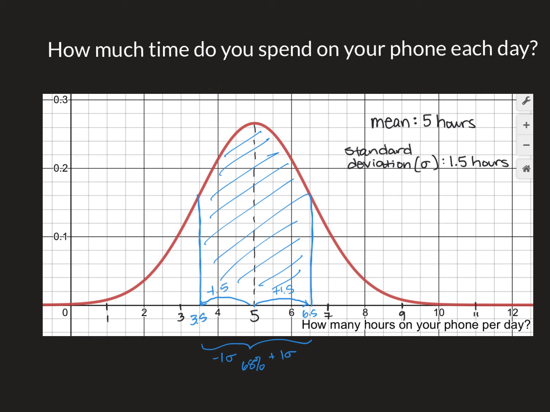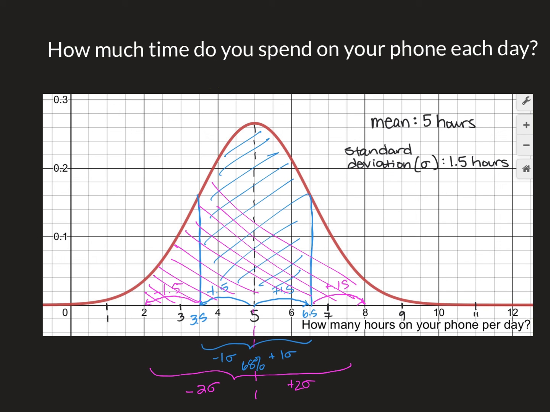Okay, if we keep going here and we say, go down another minus 1.5 and go up another plus 1.5, this now is minus 2 standard deviations or plus 2 standard deviations. Again, all of this from the mean. And then all of this area that is covered in pink now, this is about 95% of all of the data.